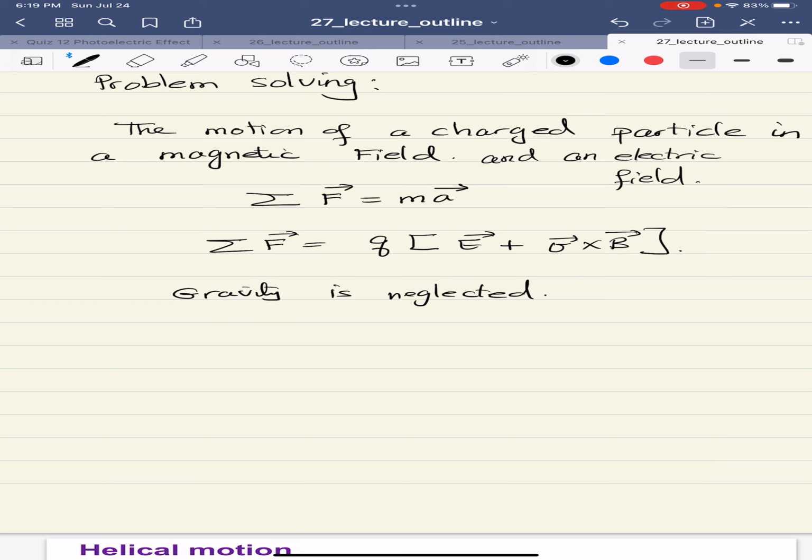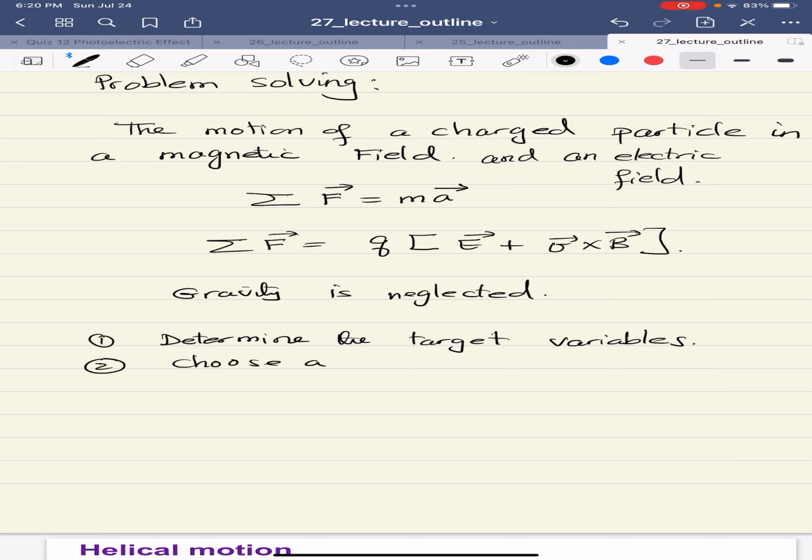Most of these problems are circular motion problems, and the strategy is first to determine the target variables, the knowns plus unknowns, and we are also going to choose a coordinate system.